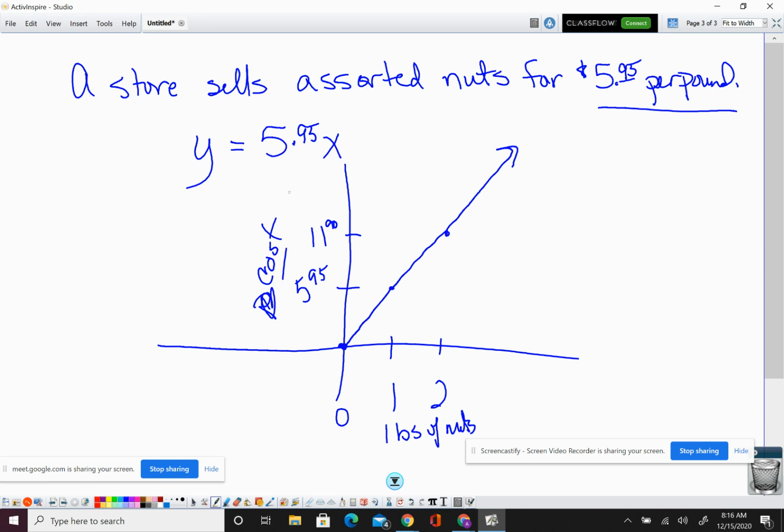So if they just tell you to graph it, you can graph it either way. If they give you a chart, they want you to fill out the chart. If they give you a graph, do it on their graph. Make sure to put these labels in here though, of what your X and your Y, what your dependent and independent variable are standing for.